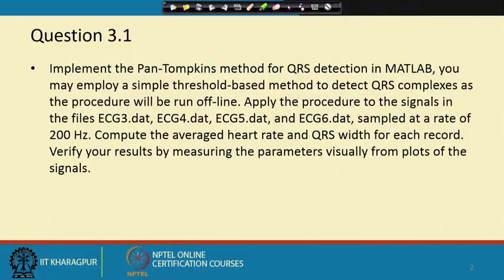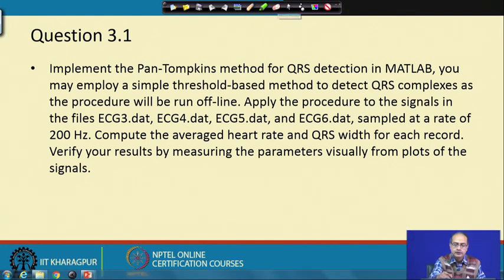Now, we will start tutorial number 3, and the first topic of it would be the Pan-Tompkins algorithm. We will use the Pan-Tompkins method for detection of the QRS complex using the MATLAB platform, and we will use a simple threshold based method.